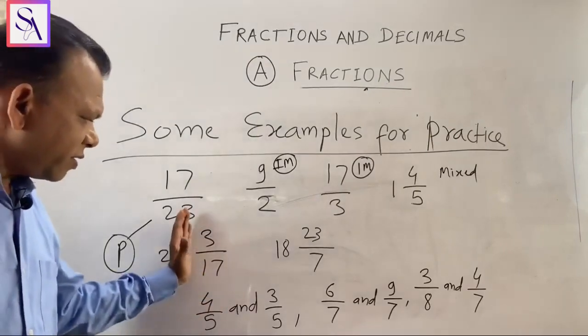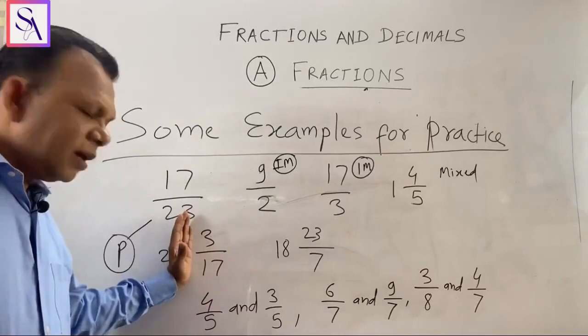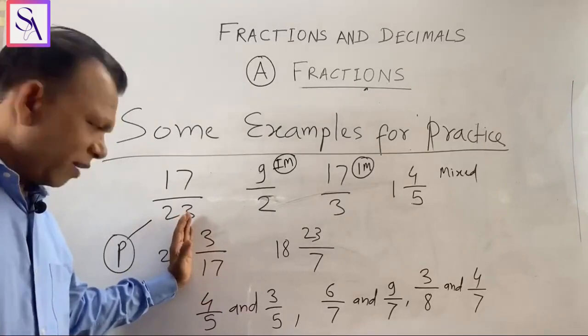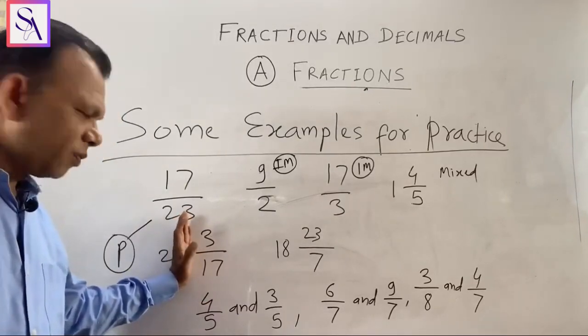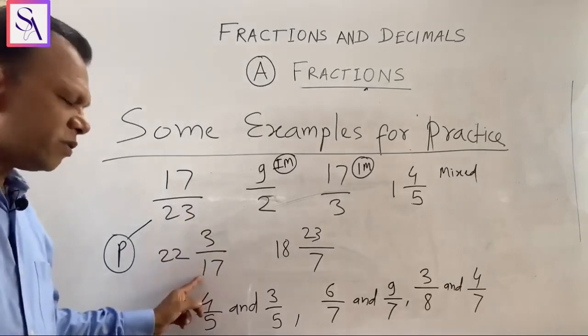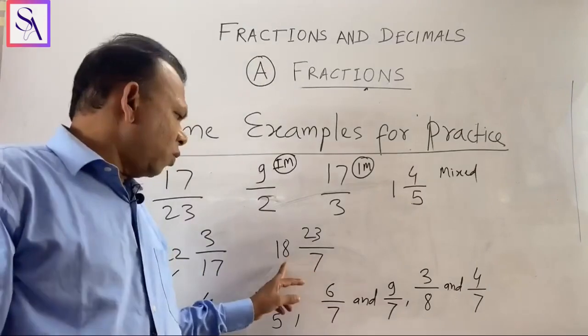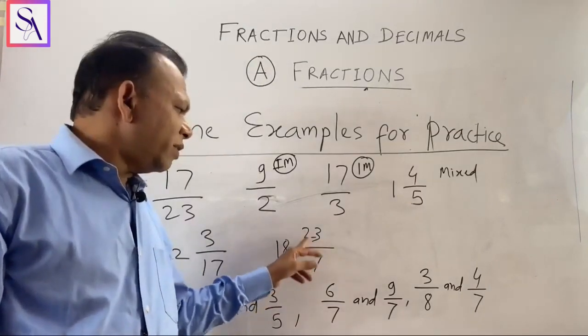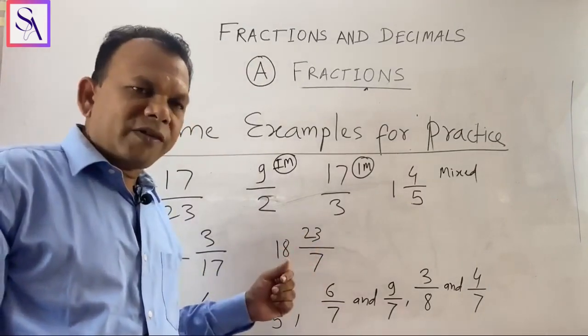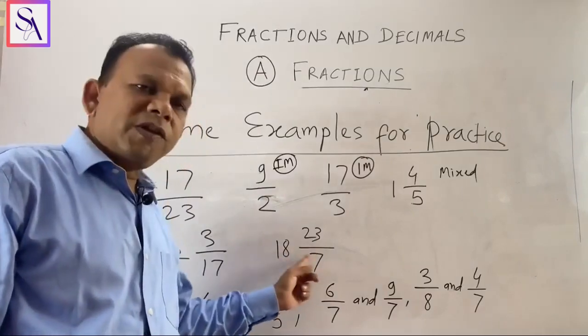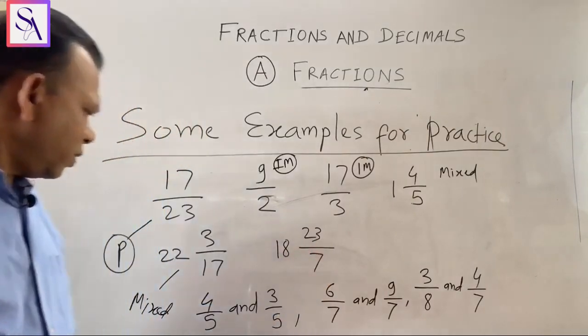What kind of fraction is this part? This is a proper fraction because the denominator is greater than the numerator. And the combination of these two is a mixed fraction. Now this one is also a mixed fraction because the whole number 18 is there and 23 by 7 is a fraction, which is improper. So the combination of these two is a mixed fraction.